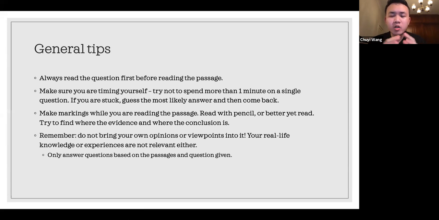Now, the best way to do it, if you can't figure out something, the worst thing you could do is sit there thinking about it for 3 or 4 minutes. Why is that the worst thing you could do? Because then you've shaven down all the time that you need for all the other questions. So my tip to you is, if you're taking more than 1.5 minutes to do any question, you need to move on, okay? Even 1.5 minutes is a bit long because you're only meant to be using 1 minute per question, remember?